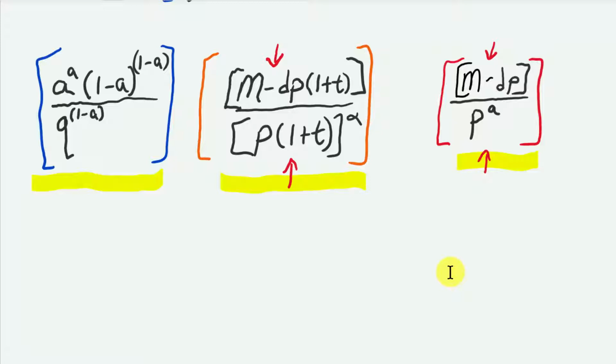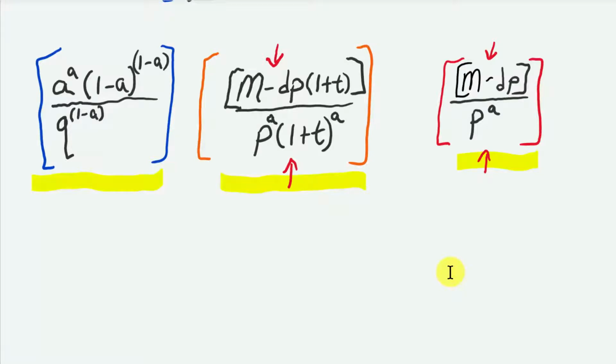Let me rewrite the bottom of this equation. I'm going to distribute that A power, which I continue to accidentally write as an alpha. Let me distribute that A power to the P and the 1 plus T. So I'm just going to distribute it there. And so what we have is P to the A, 1 plus T to the A.